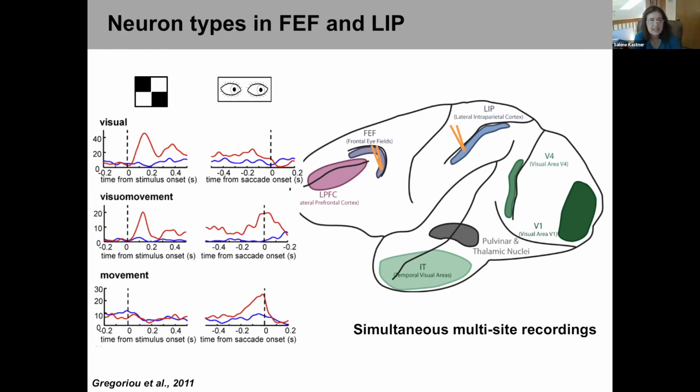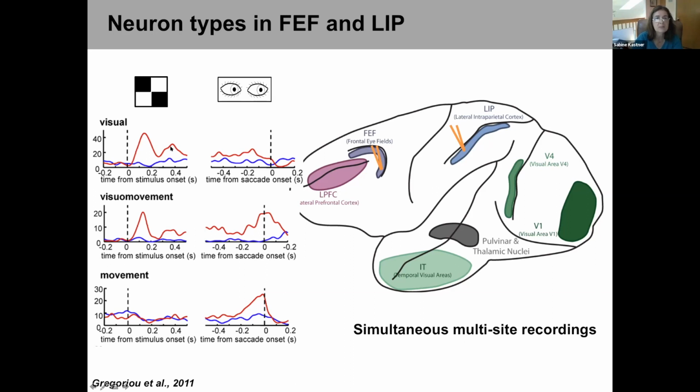These two areas are heavily interconnected, and they are embedded in at least two functional circuits that are reflected in the single unit activity that we can measure in these two regions. The two functional circuits are a sensory or visual processing circuit and an oculomotor circuit. We find neurons in these two regions that are purely responding to visual stimuli.